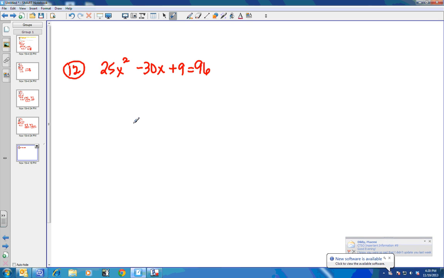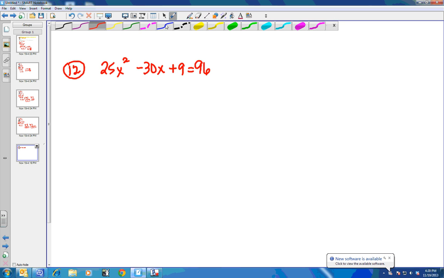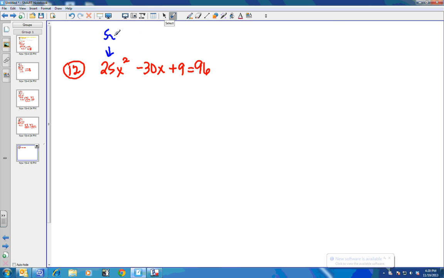So let's check and make sure it's a perfect square trinomial. Is this something squared? Yes, 5x. Is this something squared? Yes, 3. Multiply them together, and when I double it, I should get my middle term.